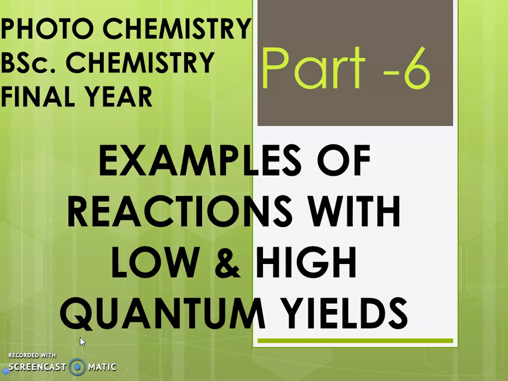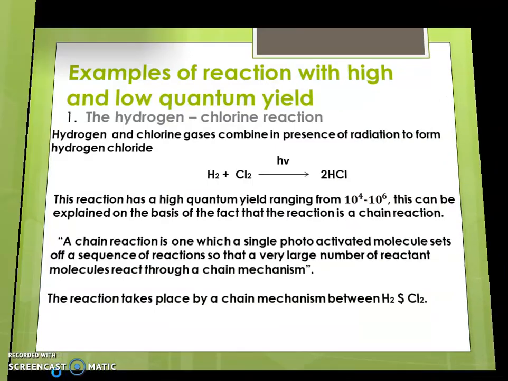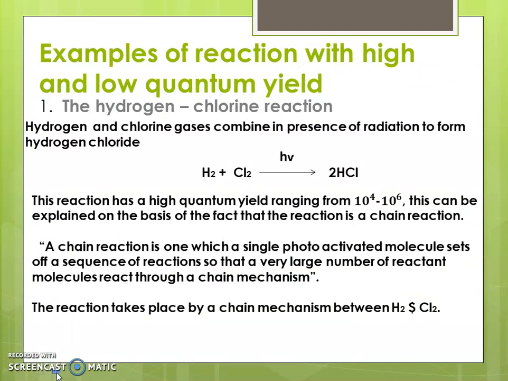Today's topic of discussion is examples of reactions with low and high quantum yield. The combination of hydrogen and chlorine gas to form hydrogen chloride is an example of a reaction having higher quantum yield.